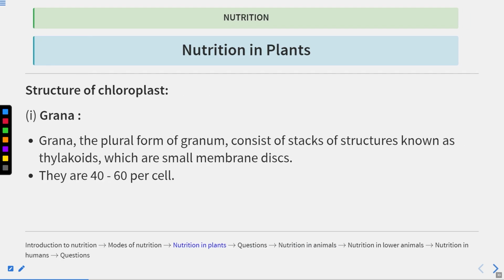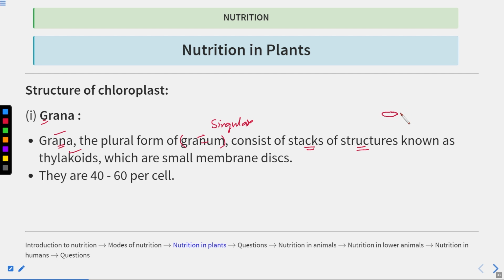Let's first talk about the grana. What is grana? Grana is the plural form of granum. So granum is singular, and the plural of granum is grana. Now, what is grana made up of? They are made up of stacks of structures known as thylakoids. Thylakoids are disc-shaped structures.